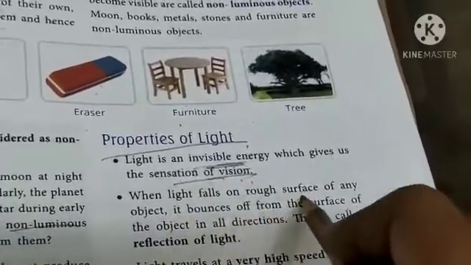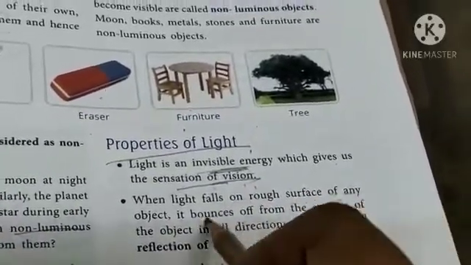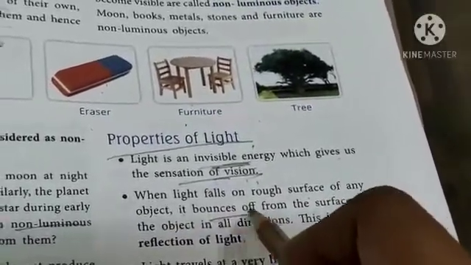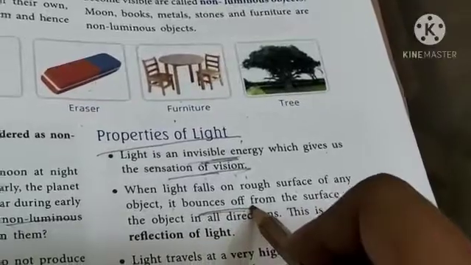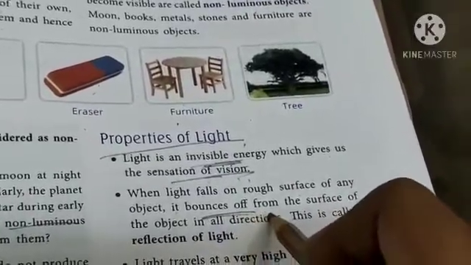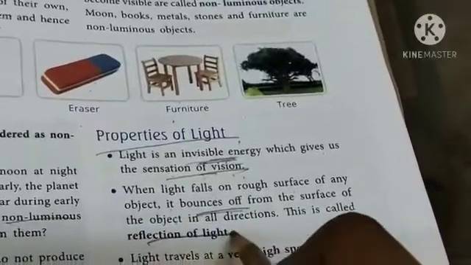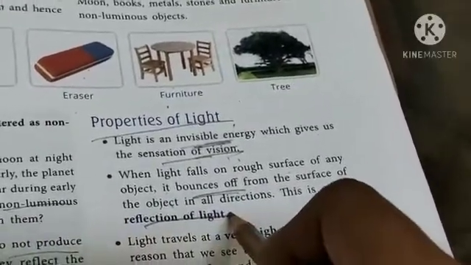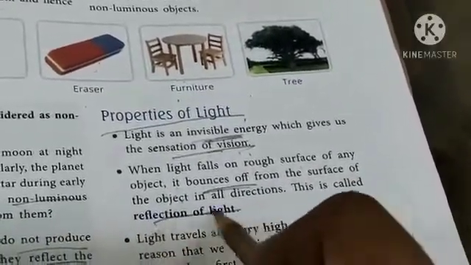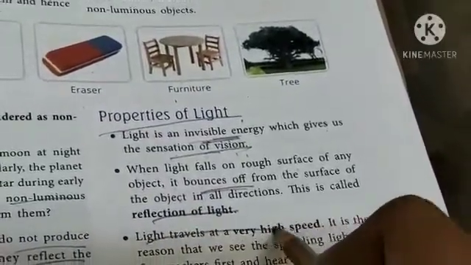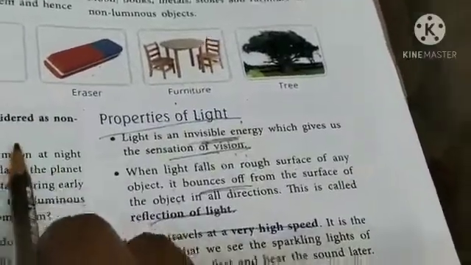Now when light falls on any surface, it bounces back. This bouncing back of light is called reflection of light. Then, light travels at a very high speed.